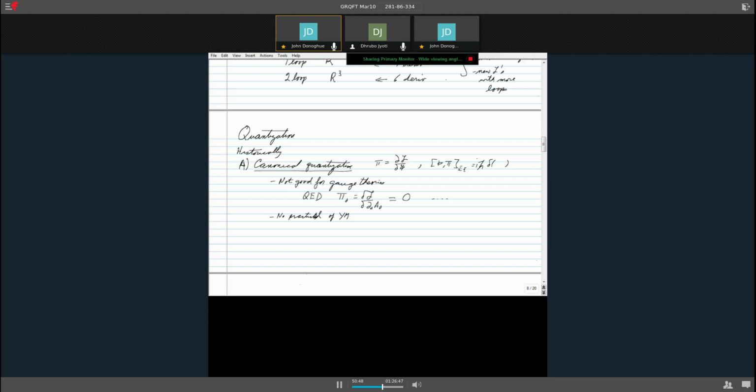Canonical quantization is not good for theories that have self-interactions and are gauge theories.